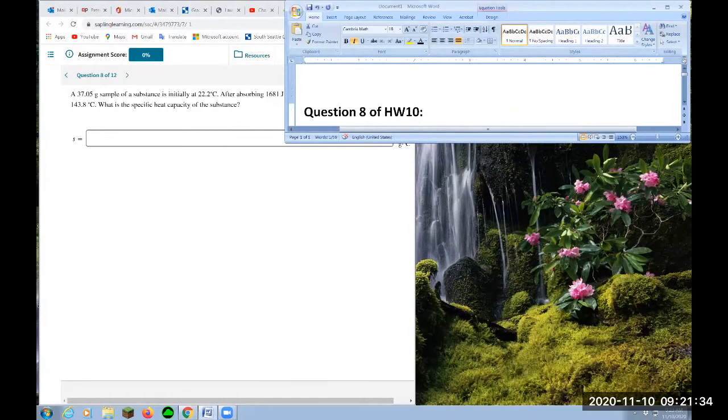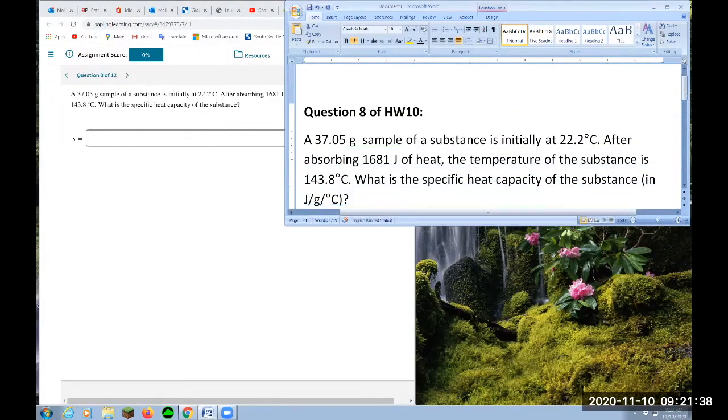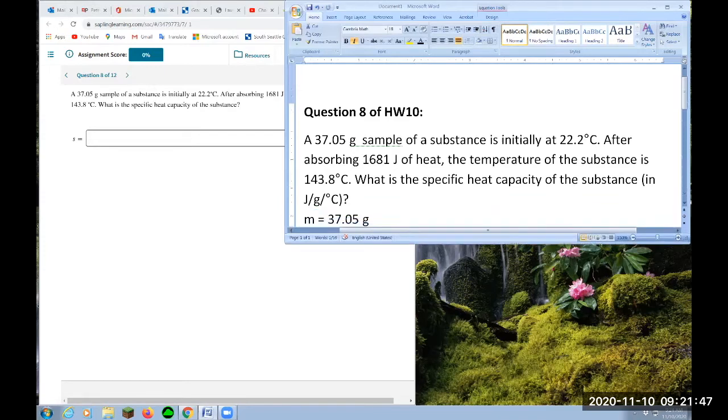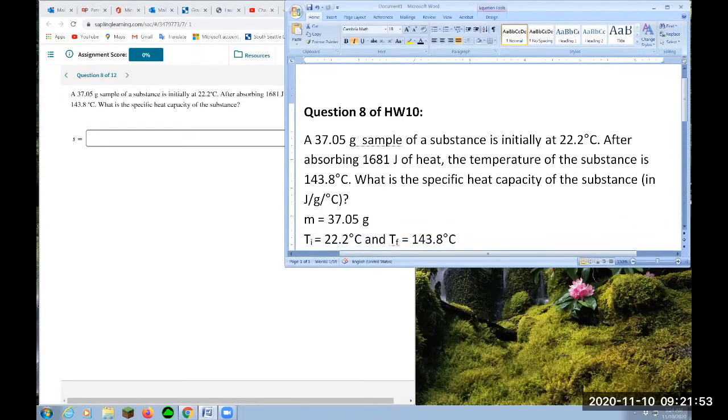So I've rewritten the question here in Word. So that's the values I have. Of course, your values will differ. So what do we have? We have a mass of 37.05 gram. We have a temperature initially at 22.2 degrees Celsius, and the temperature at the end is at 143.8 degrees Celsius.